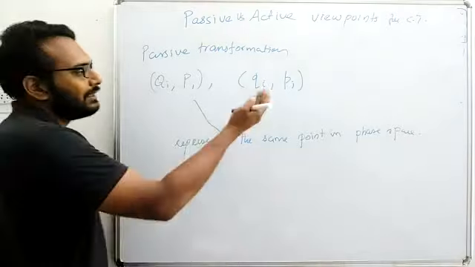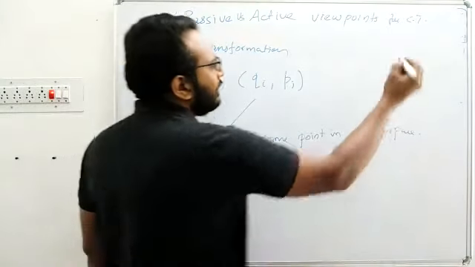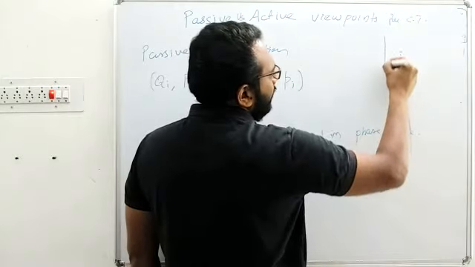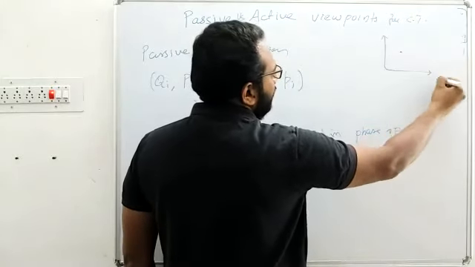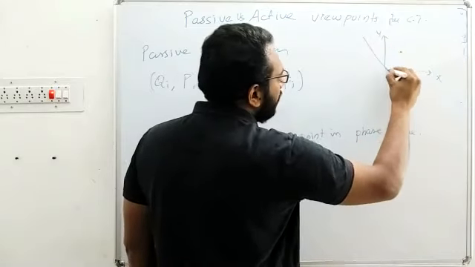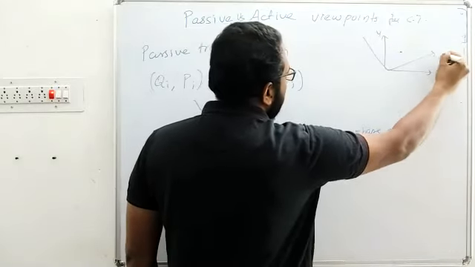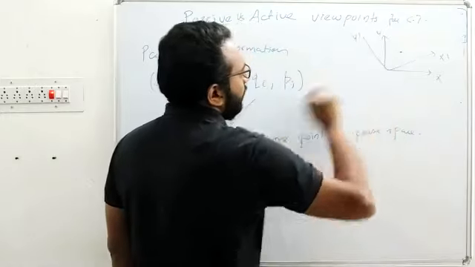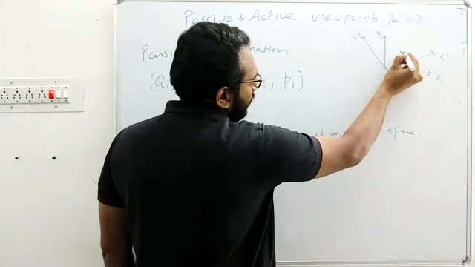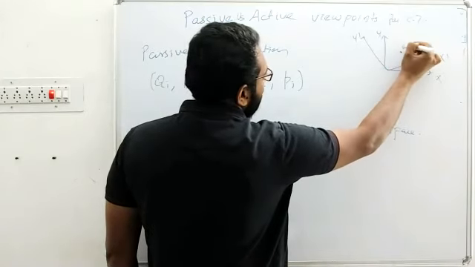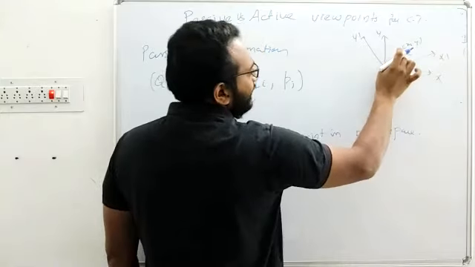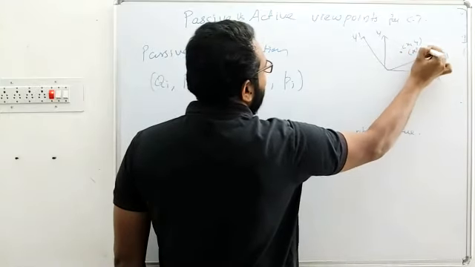So we have a point here, all right? And you are looking at it from a Cartesian coordinate system, for example, x, y. Now you can also look at the same point from a different coordinate system, x prime, y prime. So we are looking at exactly the same point, only that in the old coordinate system the coordinates are x, y, and in the new coordinate system the coordinates of exactly the same point are x prime, y prime.